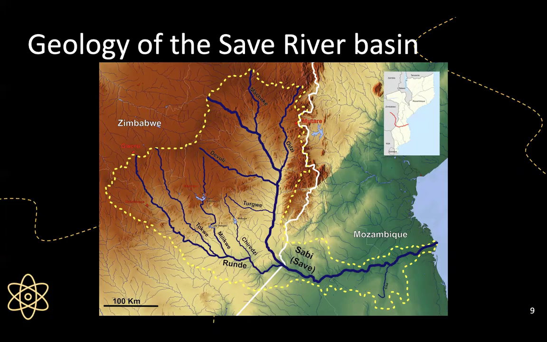Younger quaternary sediments, like alluvial sands and eluvial floodplain sediments, have lower ratios of strontium 87 because they have undergone less radioactive decay. So older sediments have higher strontium 87 ratios, and younger sediments have lower strontium 87 ratios.